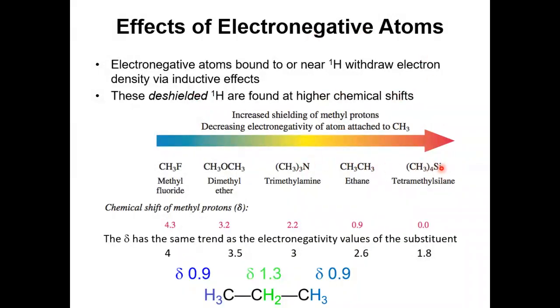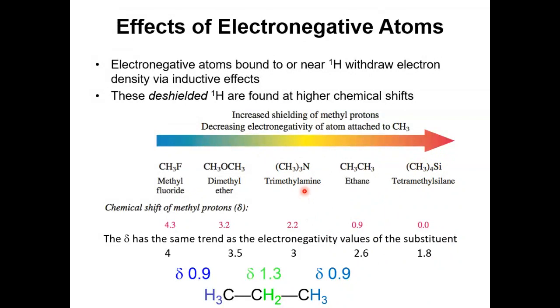Because silicon is less electronegative than carbon. So silicon is going to donate electron density to the methyl group, which makes the protons in the methyl group have a higher electron density than the protons in ethane. Under the ethane, the electron density is pretty much mostly related to carbon-hydrogen interaction. So you will see it's a little bit higher than the TMS.